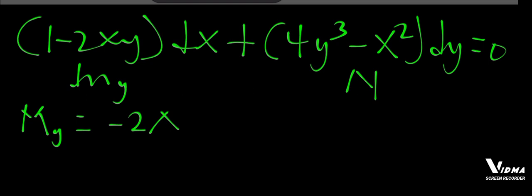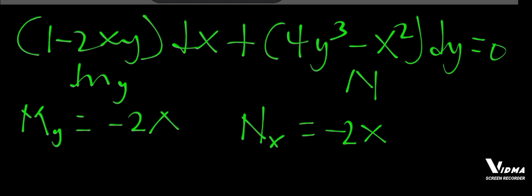Okay, and my N sub x, with respect to x, is going to be minus 2x as well. So since they are equal, I'll say this differential equation is exact.